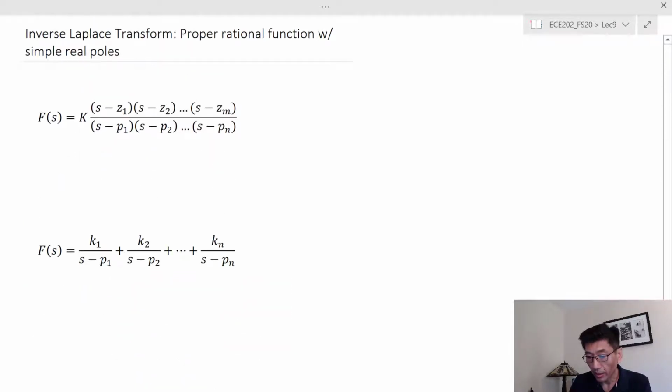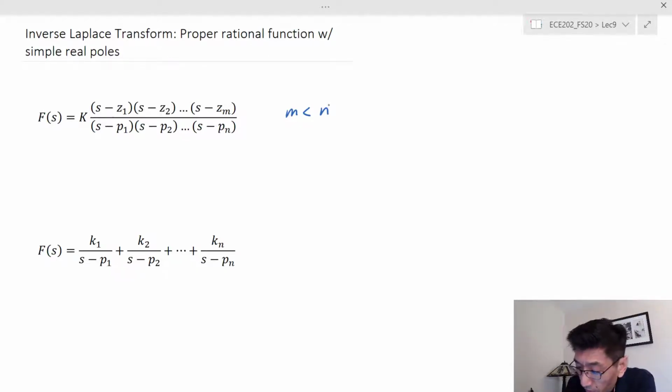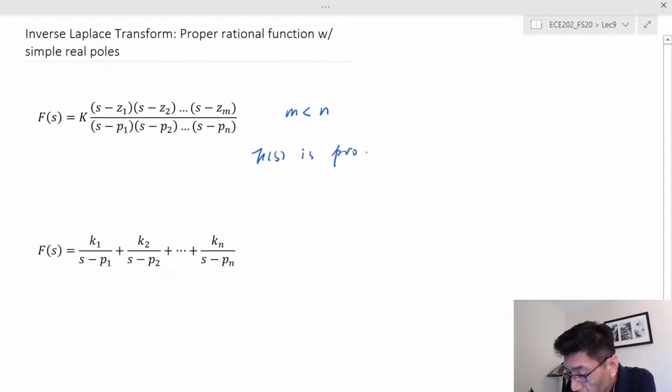So let's see, if I have F(s) as a proper function with simple poles. In this case, this is the proper function, which means m is less than n. And in this case, we can always break this into parts. So this means F(s) is proper, and it has simple poles, which means p1 is not equal to p2.